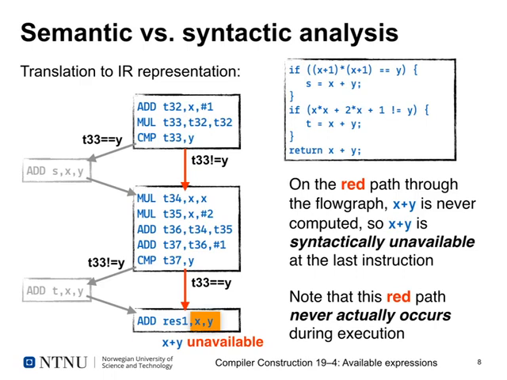So syntactically, at this point, our compiler would have to assume x plus y is syntactically unavailable at the last instruction. Of course, this red path never actually occurs during execution due to the fact that these both expressions are actually identical, and we either check for if they're equal to y or not equal to y, and so we either calculate x plus y here or we calculate it up there.